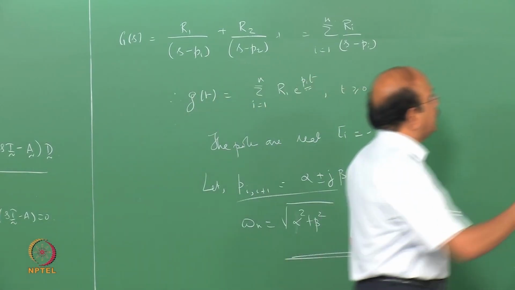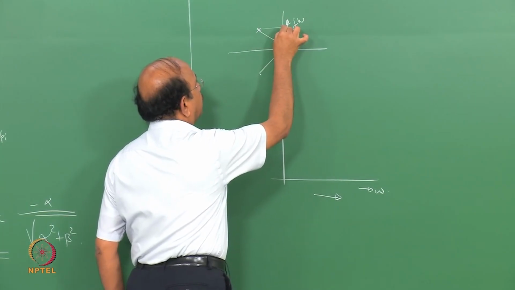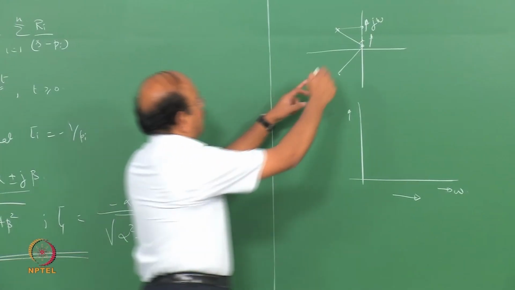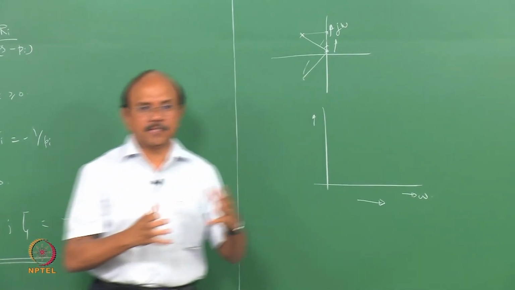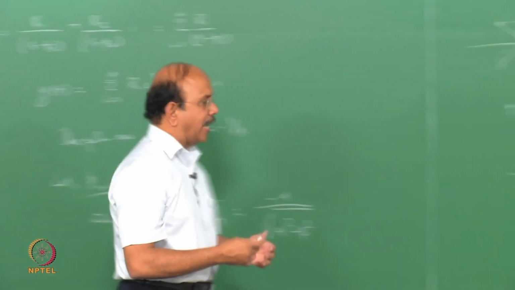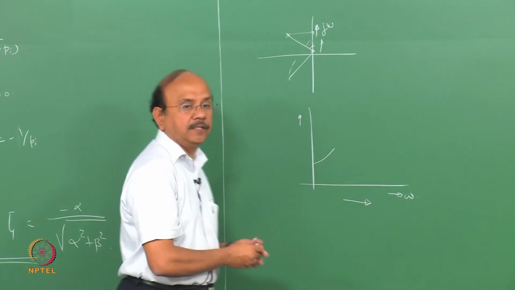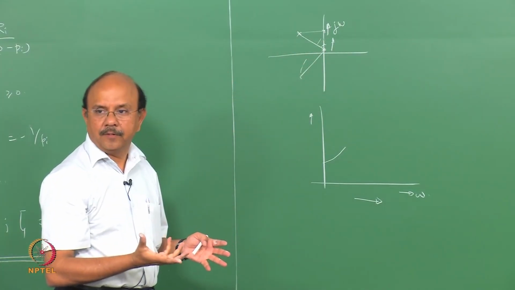You would notice that as I go along above this, and when I come to a minimum distance point, assuming that the distances to the other pole are large, since it is in the denominator, as I move along omega, my response actually keeps increasing because the distance keeps decreasing.